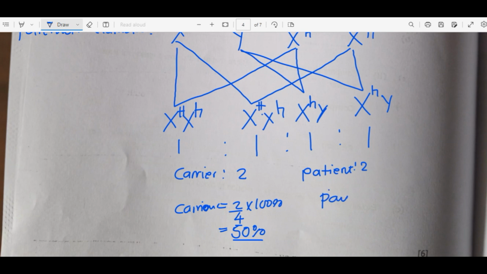Then there is also another 50% for a boy to be sick. So with this percentage, we can conclude that there was a high chance. This 50% gives us the picture that there was a high percentage of having a son who is hemophiliac.